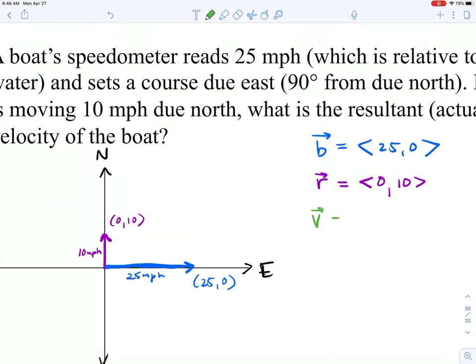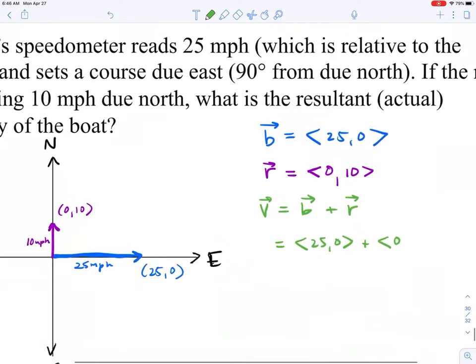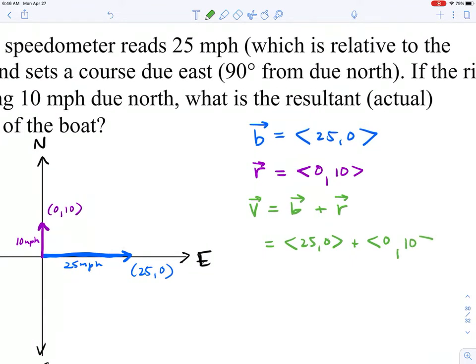So the actual velocity of the boat, or the resultant velocity of the boat, is going to come from adding vector b and vector r. So using those vectors in component form. Remember, if we're adding vectors in component form, we can just add each of the components together.